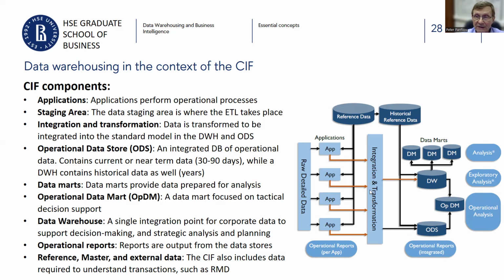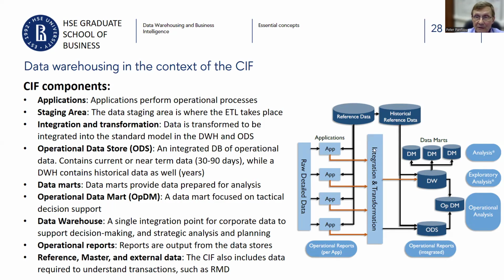The staging area on this diagram is represented by this block, integration and transformation, and partly the data warehouse can also be considered part of this staging area. This is essentially where the ETL process takes place: extract data from here, transform data, and then load data to the data warehouse or to the operational data store here.